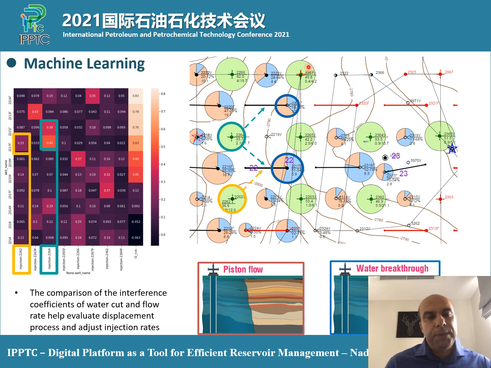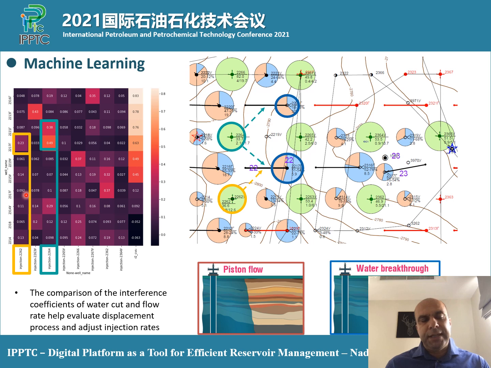So, to follow on with a different use of this big data coming from zonal production contribution in machine learning models, this slide shows typical flow and water cut coefficients obtained between different injectors and different horizontal producers.